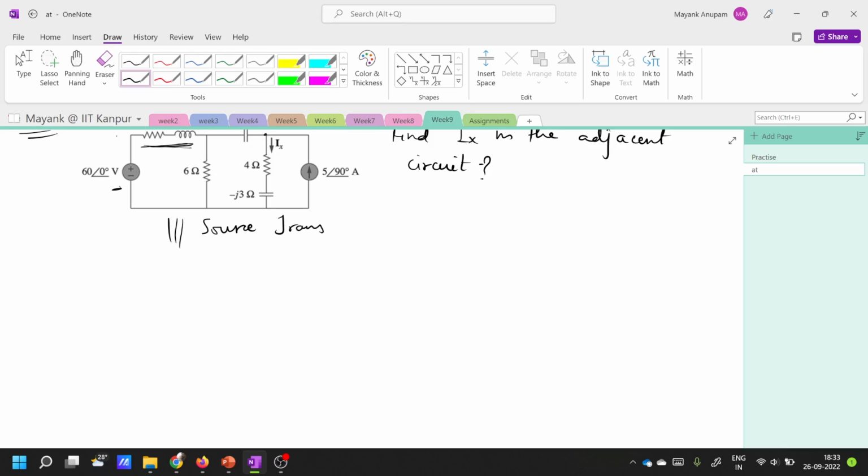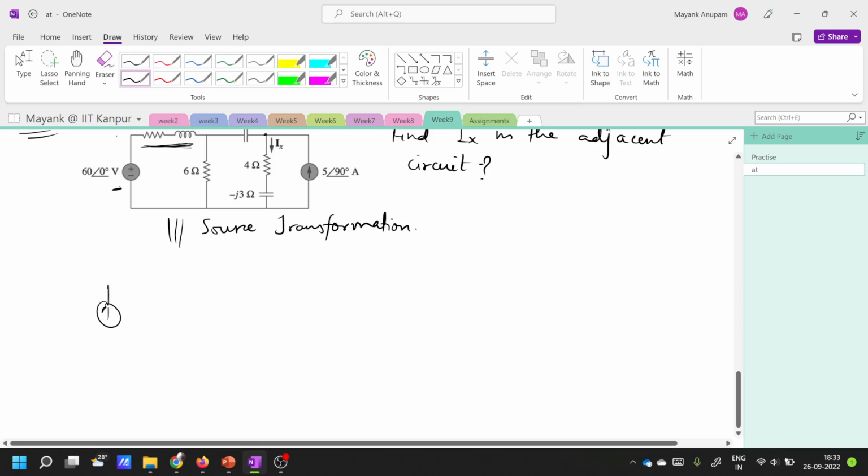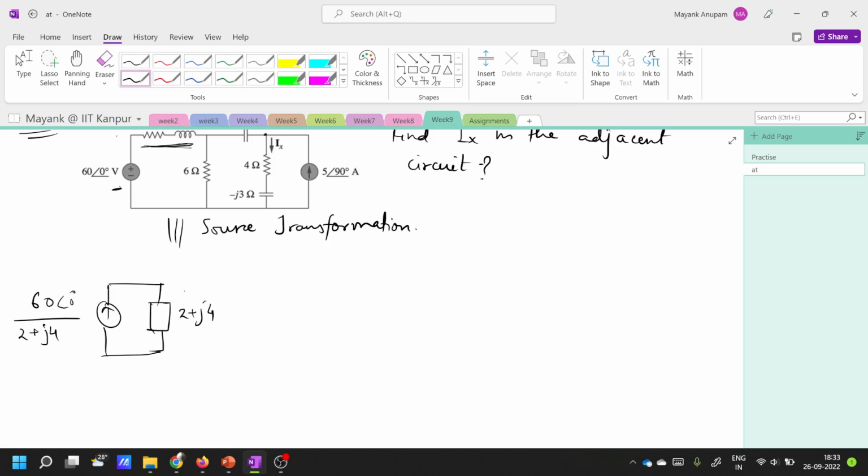Source transformation. So this will become a current source like this, and a parallel impedance here. The current source value will be 60 angle 0 degrees divided by 2 plus j4, and this impedance will be 2 plus j4. Fine.